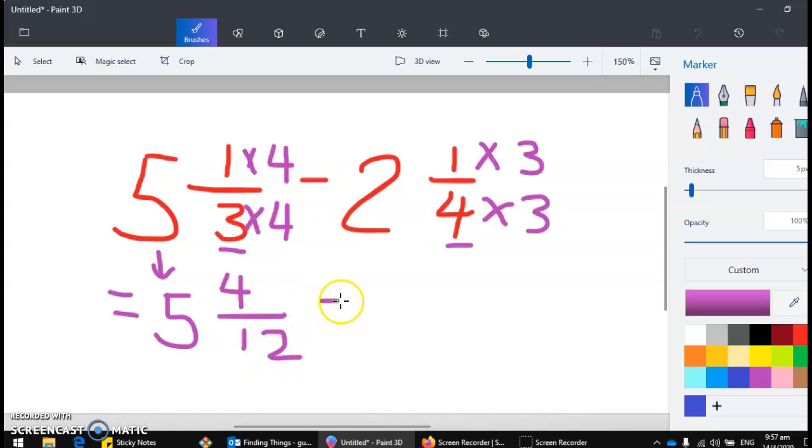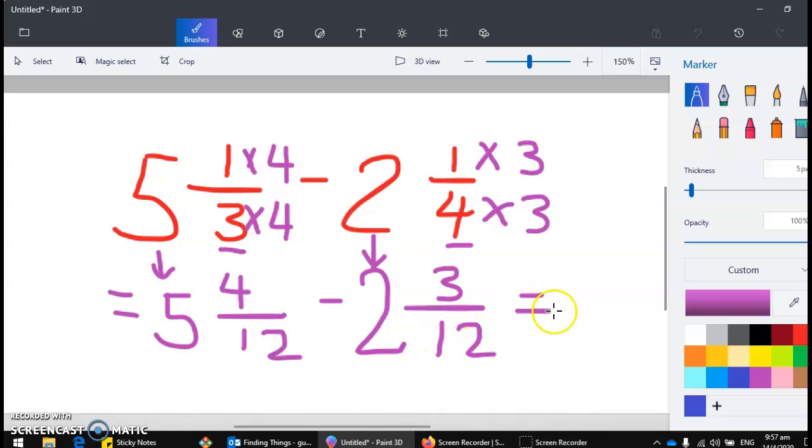And we bring the minus sign down. Minus 2, we copy down the whole number. 1 times 3 is 3, 4 times 3 is 12. Let's minus.